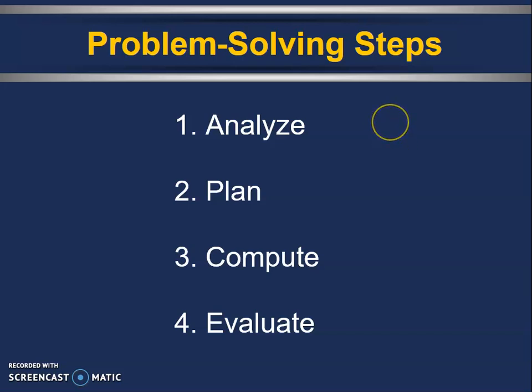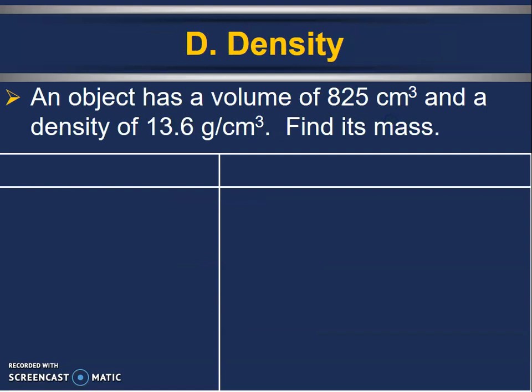Let's do some practice density problems with our new density equation we just got. All right, here's our problem. An object has a volume of 825 centimeters cubed and a density of 13.6 grams per centimeters cubed. Find its mass. Okay, so let's analyze this. What information have I been given?